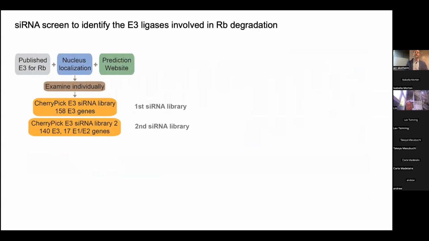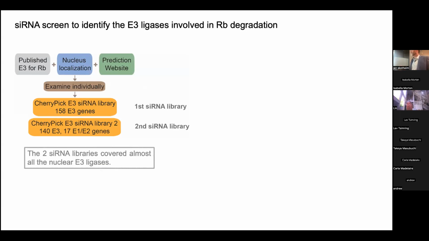Okay, and so to do this, Shiwan constructed a couple of siRNA libraries looking at E3 ubiquitin ligases that are nuclear. She wanted to figure out which, if any, of these nuclear ubiquitin ligases are responsible for degrading RB in G1 phase, but not in S/G2 phase.